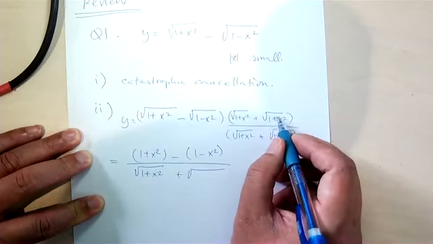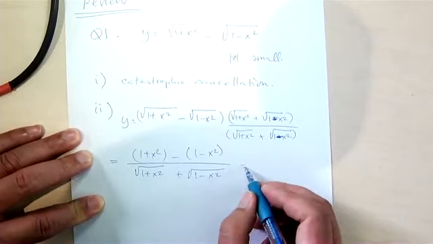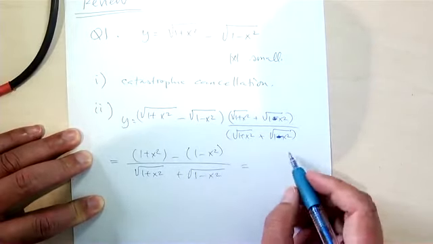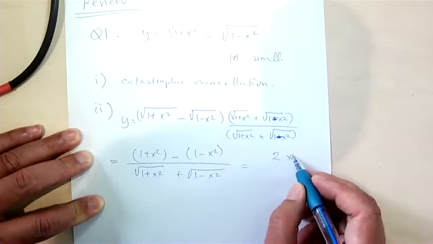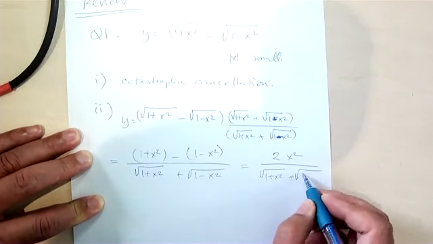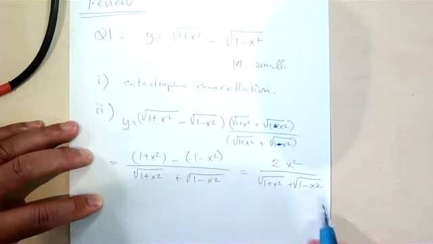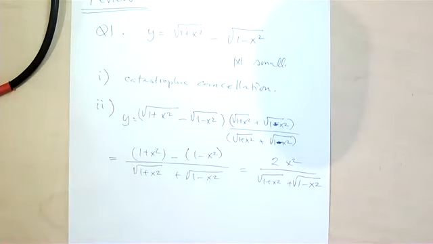Sorry, this one should be a plus. And you see this formula doesn't have catastrophic cancellation, because there's no difference between the two close numbers.